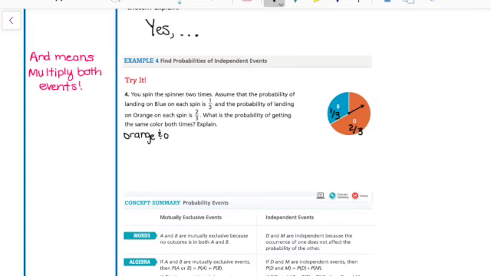That would be the same colors. Notice I put a little note over there in pink. The word and means to multiply both events. So orange was 2/3 times 2/3, which is 4/9. Okay. For blue and blue, it's 1/3 times 1/3, which is 1/9.